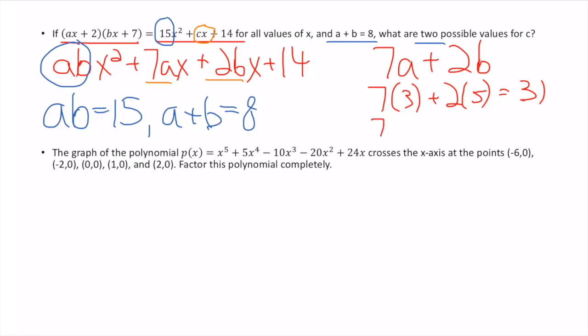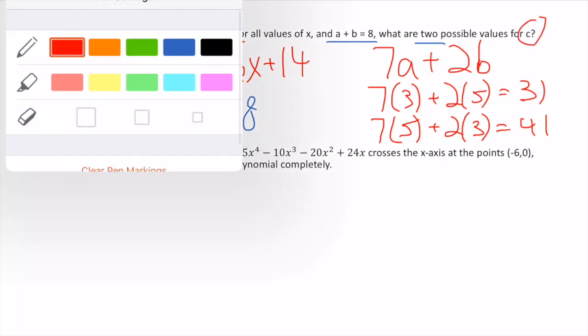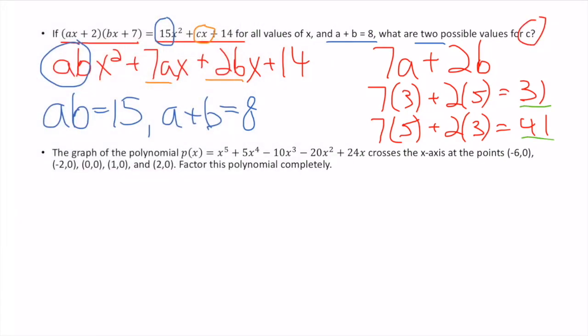And now we'll flip that. We'll say maybe a is 5 and b is 3. Now I end up with 35 plus 6, which is just 41. Okay, so two possible values for c are 31 and 41.